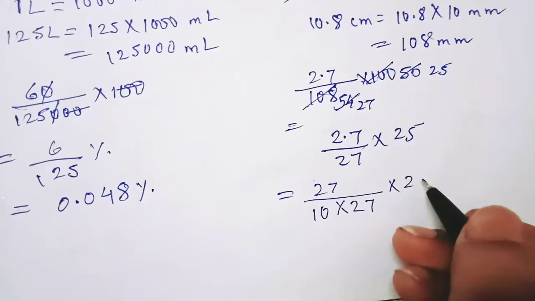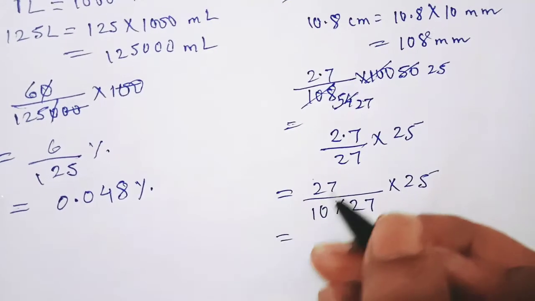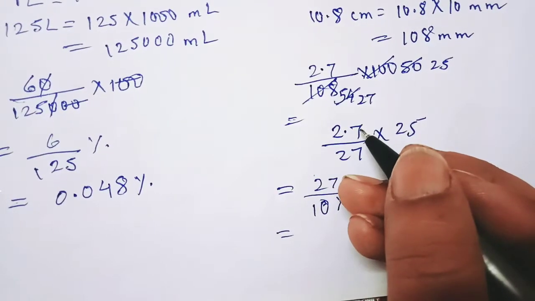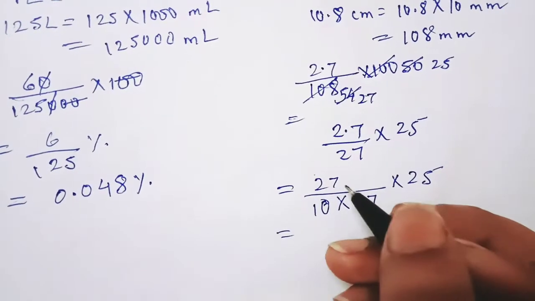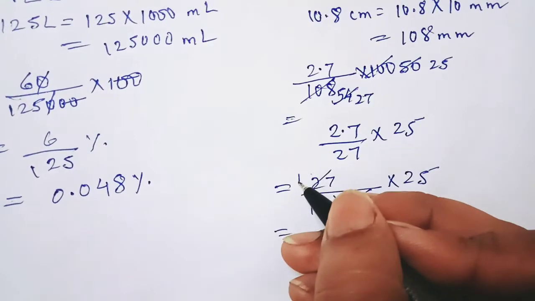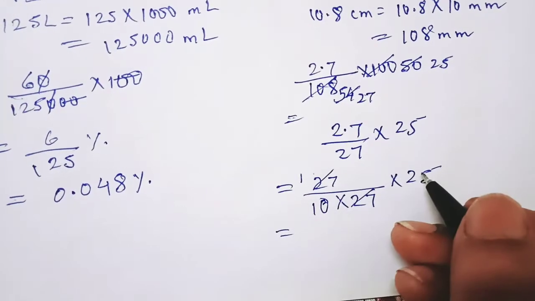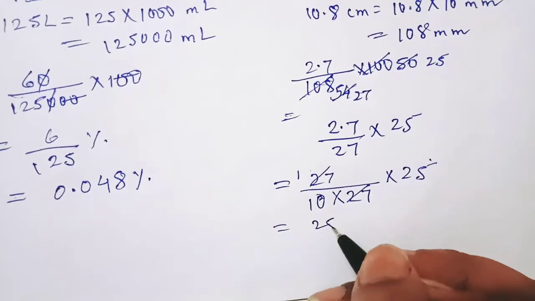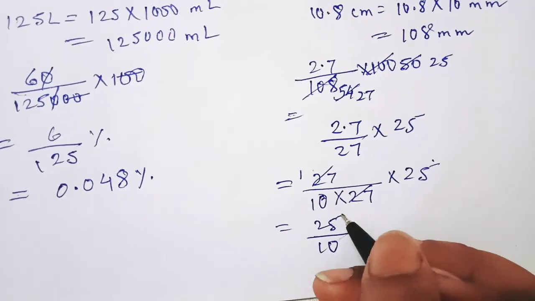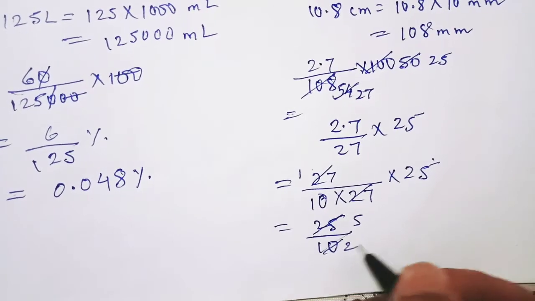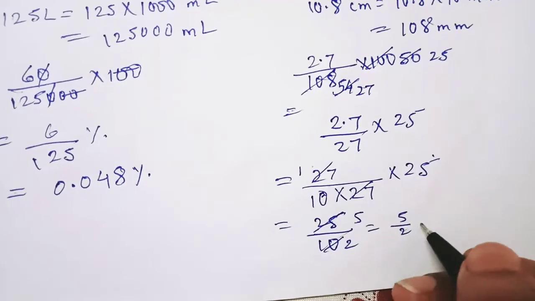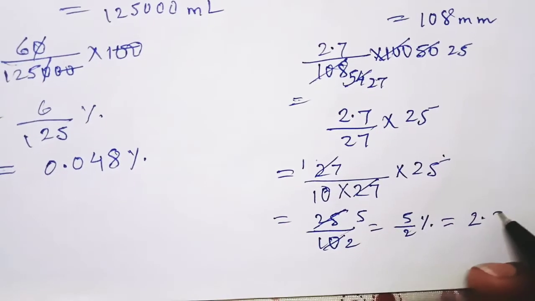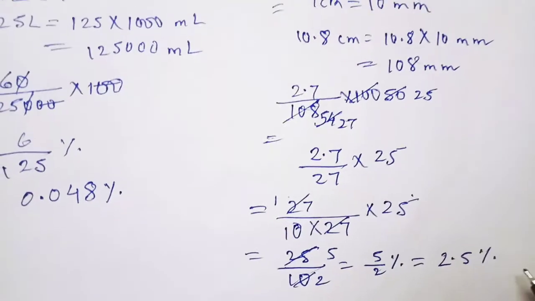Now 27 and 27 will cancel out. Now 10 and 25 you can cut, so it will go by 25. 5 5s are 25, 5 2s are 10, so it is coming 5 by 2%. When you convert it into decimal again, it will be 2.5%. This is the answer of this question.